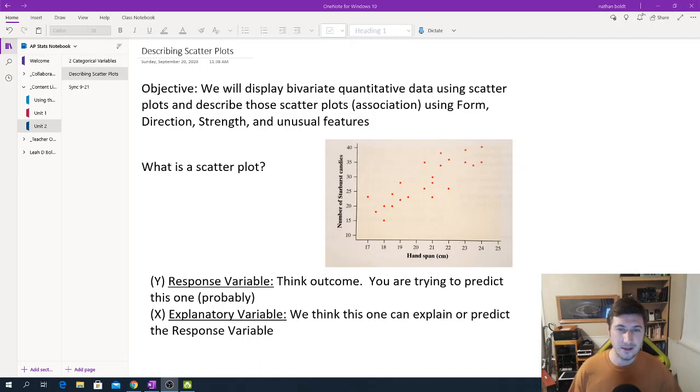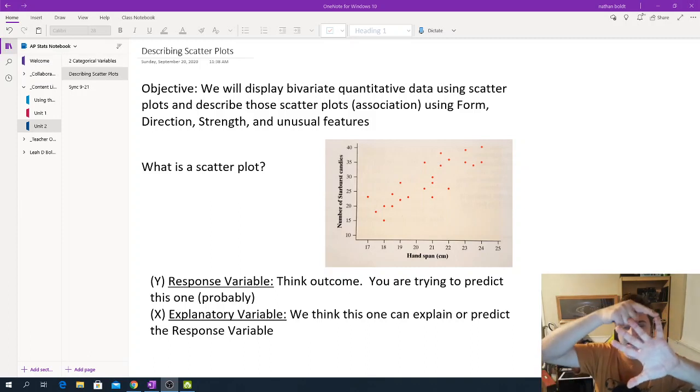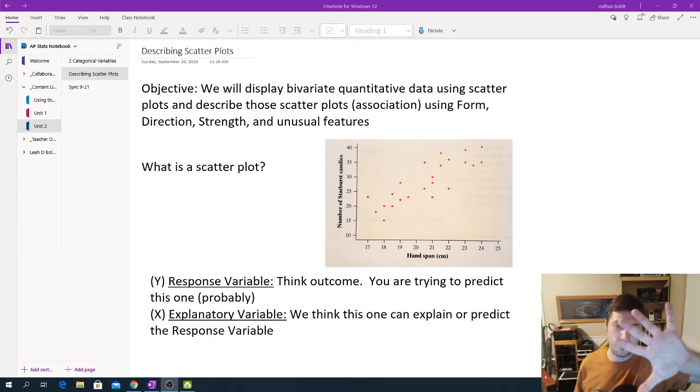All right, so here I've got a great example of a scatter plot. This was a great activity that maybe someday we'll be able to do. Looking at hand span, that is the distance from your thumb to your pinky, as far as you can stretch that out, and the number of starbursts students could grab out of a jar. Wouldn't that be a fun activity to do?